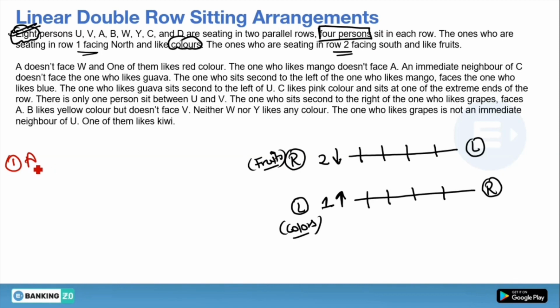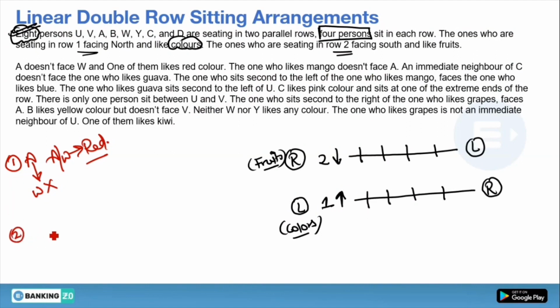A does not face W, so in front of A, W will not come, and one of them likes red color. So either A or W can like red color.